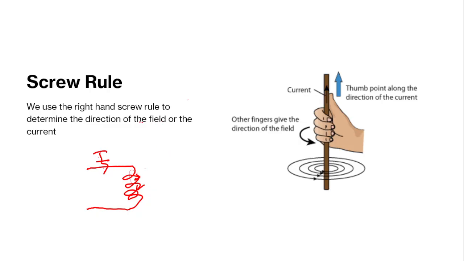That's your screw, and you use it to determine the direction of the field or the current, mostly the current. In some questions they will give you two coils and you have to know if the currents aid or oppose each other. Okay, I'm going to show you what I mean by that.